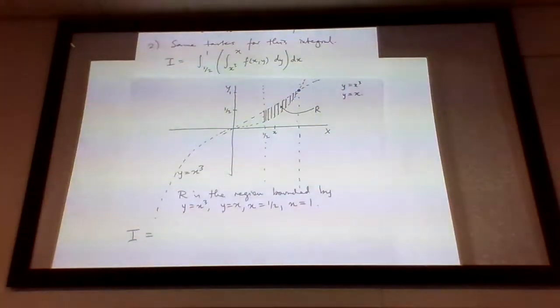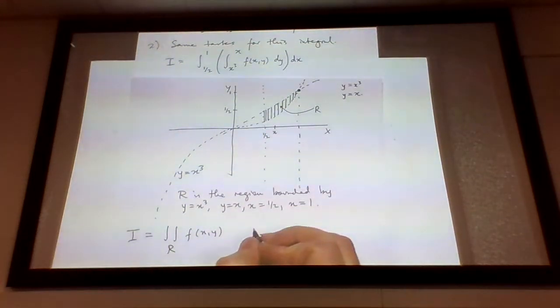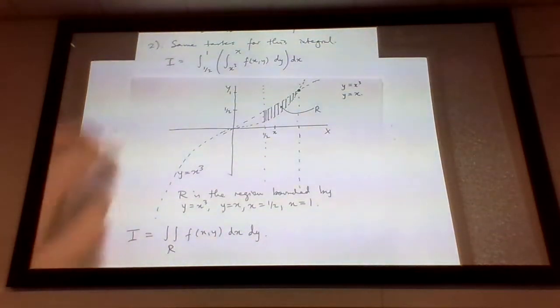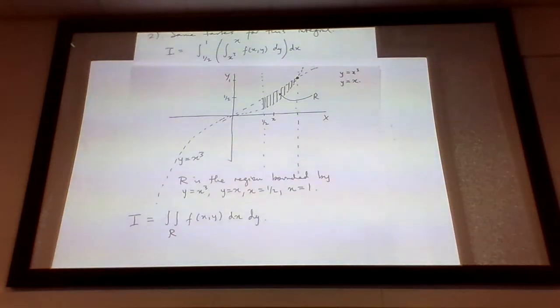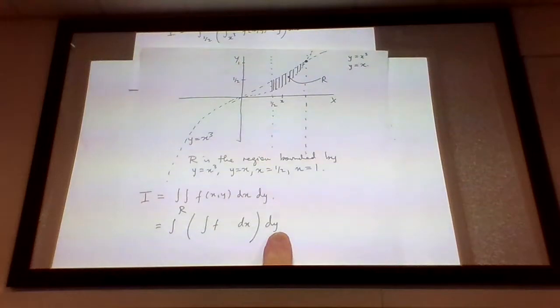So if we want to present the integral the other way around, as a double integral over R of f(x,y), but this time with the x integral on the inside and the y integral on the outside, well, what do we do? We've got the outer y integral and the inner x integral. Now between what limits of the y variable do we have to integrate to capture the region?